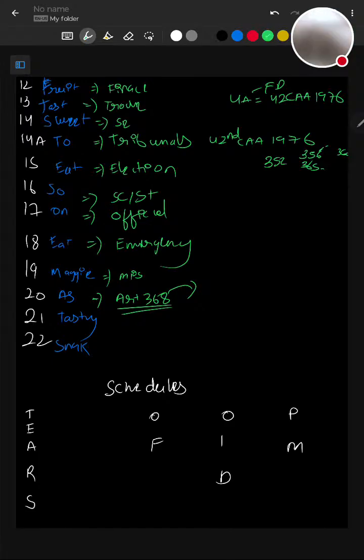T is for your territory, and basically, I want to say like your India jurisdiction of territory. It means like how much territory India can comprise itself.